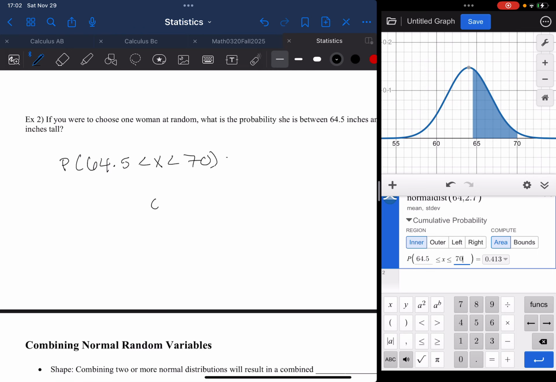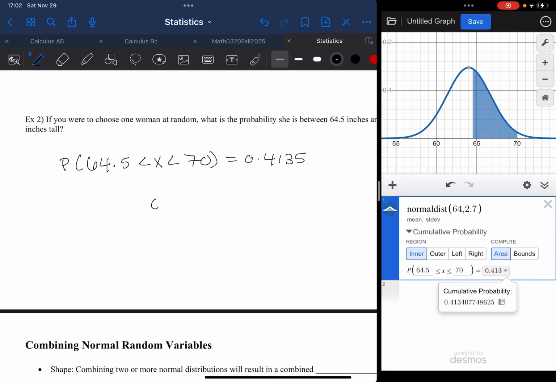And I get that this is equal to 0.4135. And see, I can even drop down that arrow to show more decimal places here. So actually it's 0.4134, not 45. Let me change that. Okay.